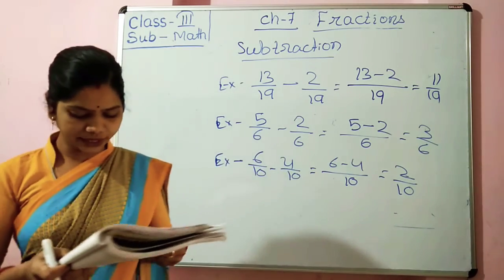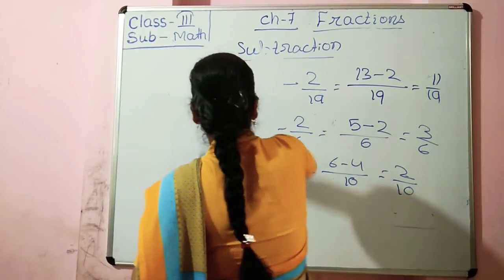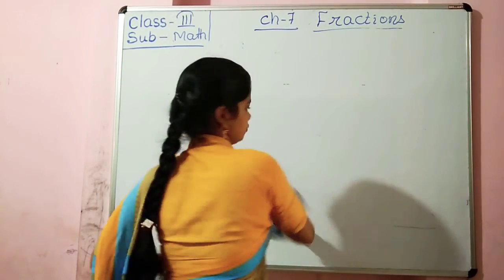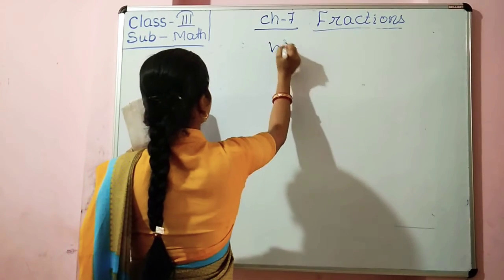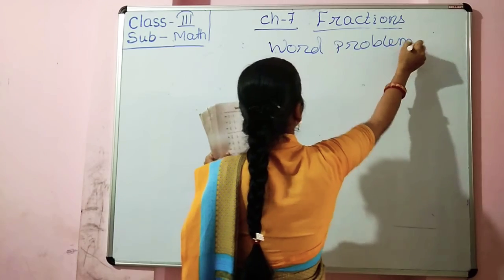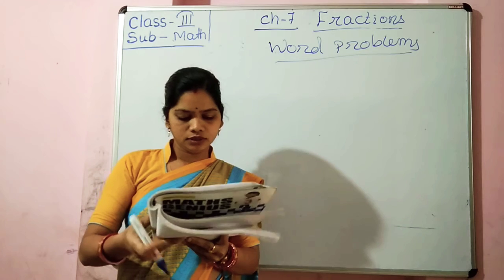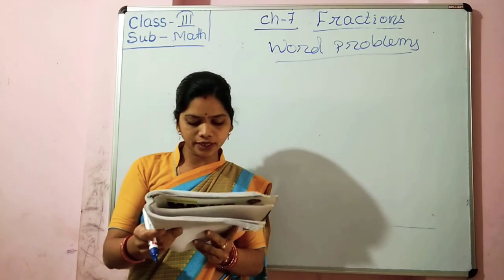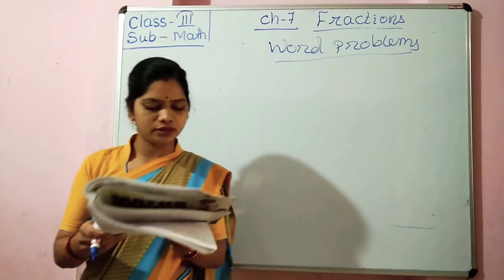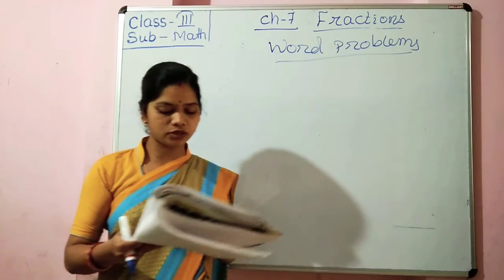Then let's see an example, one problem. Children, our example: there are 18 apples in a basket. If 5 of them are rotten, what is the fraction of the rotten apples?